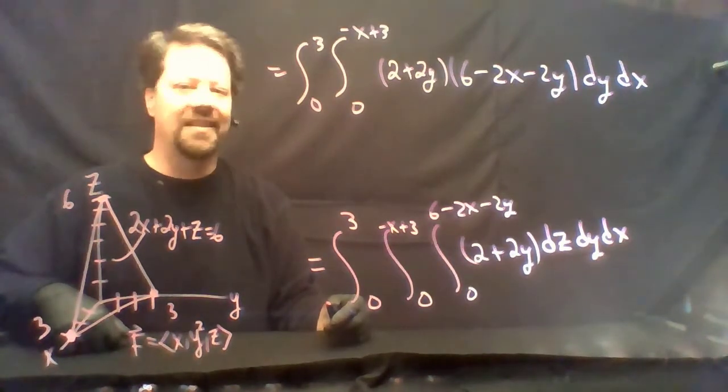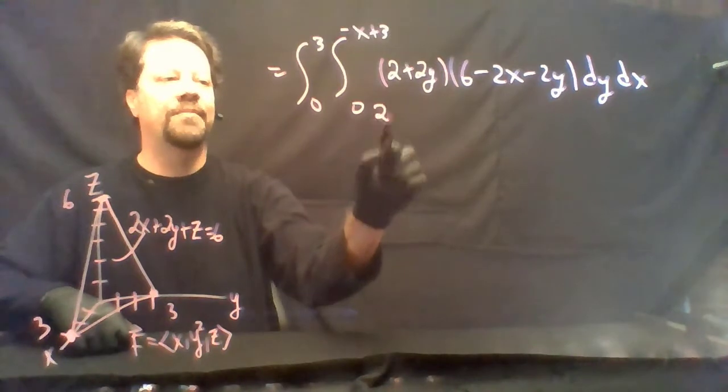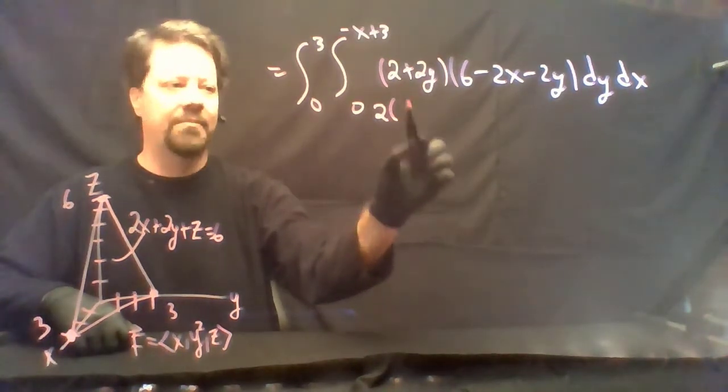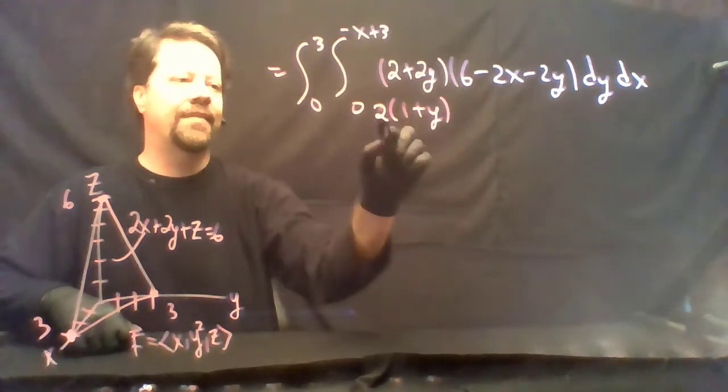Let's simplify the integrand. We can factor a 2 out of the first bracket and a 2 out of the other bracket as well.